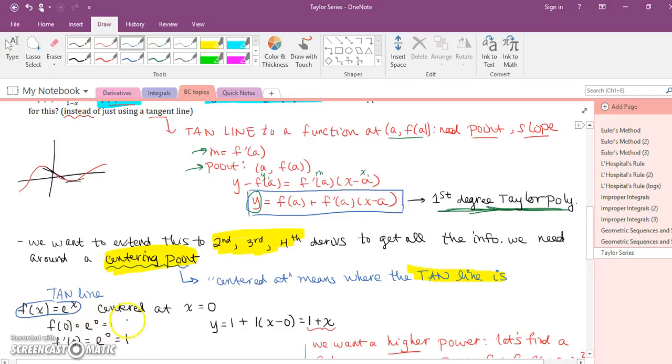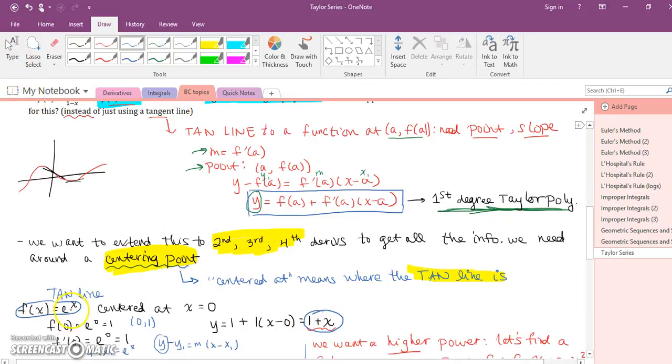F of 0 is 1. So that means my ordered pair is 0, 1. My slope, f prime of x, is just e to the x. So that means f prime of 0 is e to the 0, which is 1. So I have y minus y1 equals m times x minus x1. When I plug into there and I solve for y, I get y equals 1 plus 1 times x minus 0, or this. So again, that's my tangent line.